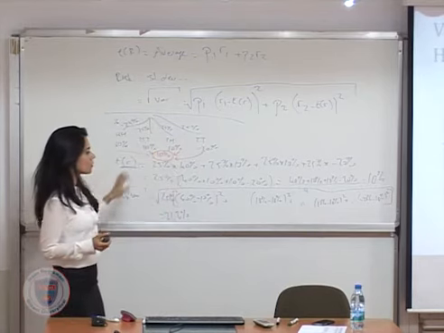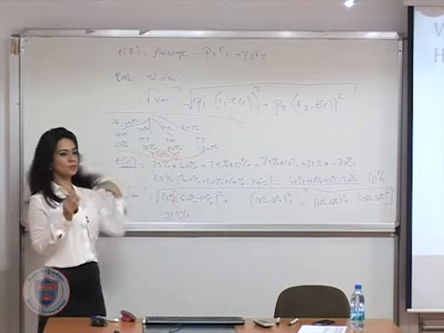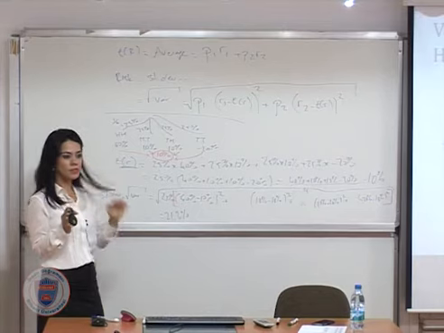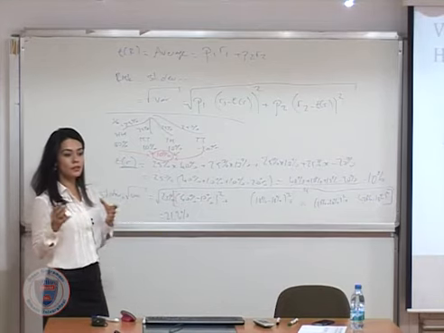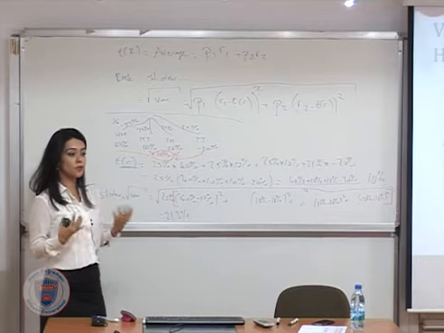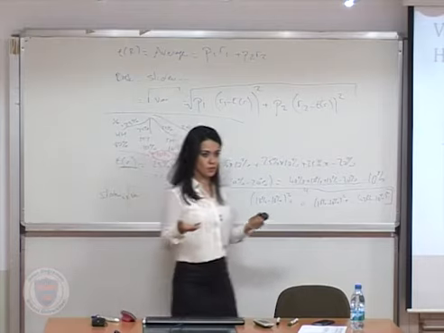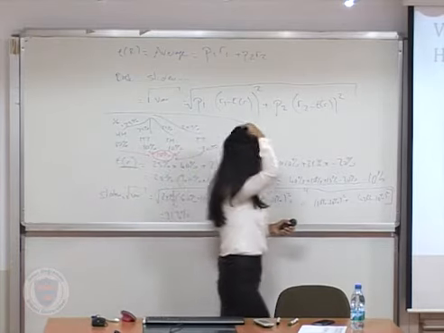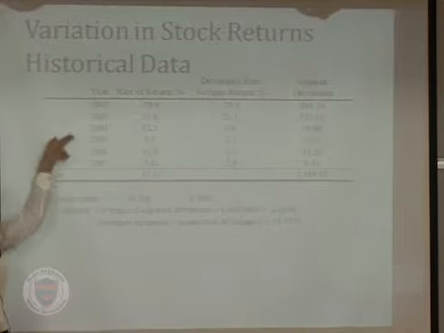So this is how you calculate the risk and return when you have different assigned probabilities. You can also calculate returns and standard deviation using historical data, which is what lots of people do in the real world as well. So suppose that you have these returns for a stock from 2002 to 2007.